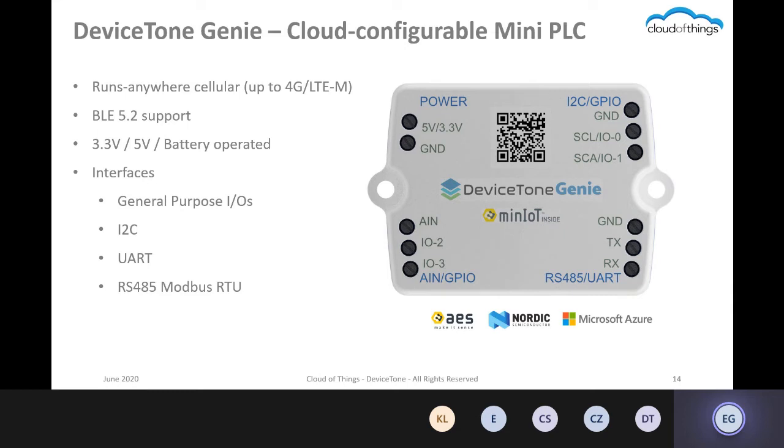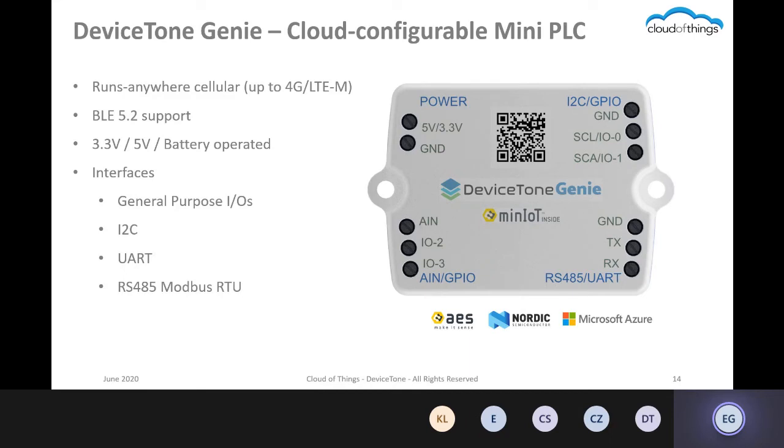Plus, we have Modbus, and Modbus is a very important protocol when you go to a bit bigger devices. And Modbus is very common in product manufacturers and people who work with ODMs who manufacture products for them. So we support Modbus out of the box.